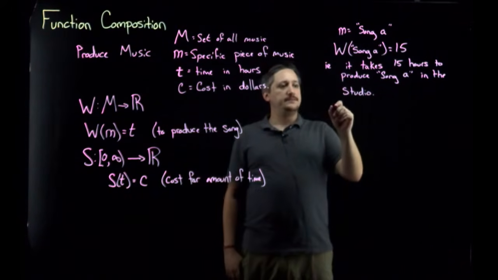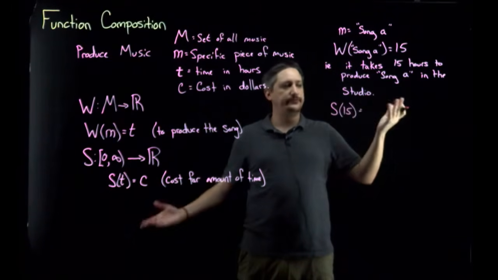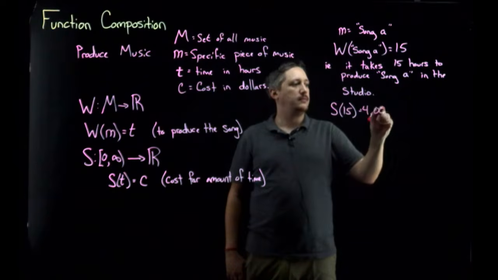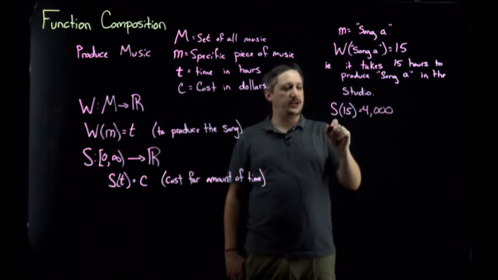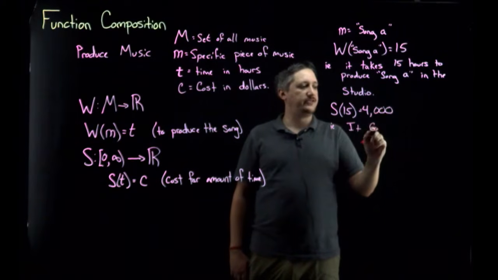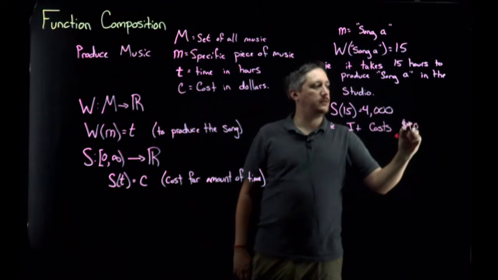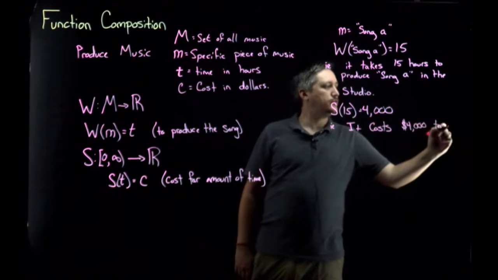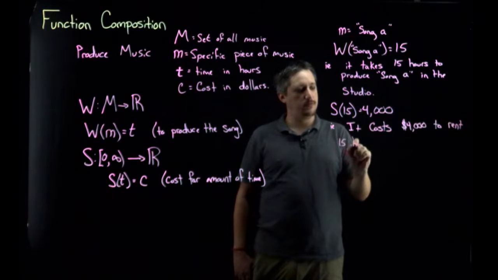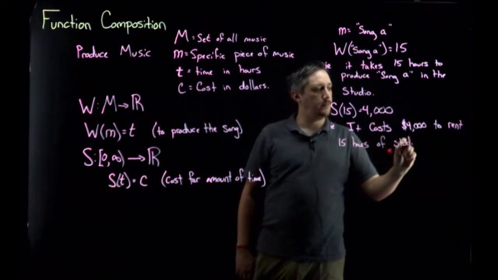And the studio, let's say I have S of 15 equals, let's say 4,000, which again means it costs $4,000 to rent 15 hours of studio time to work.